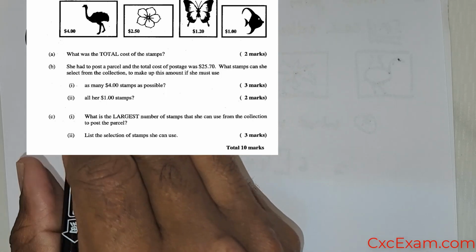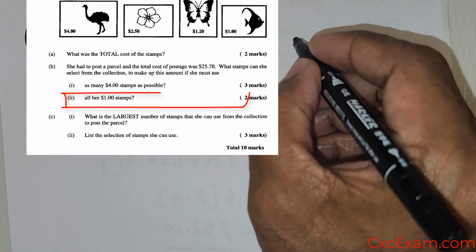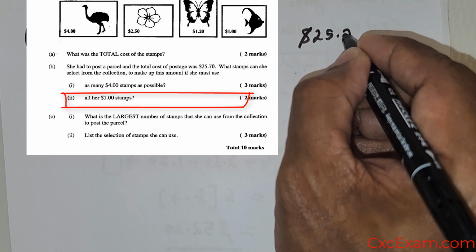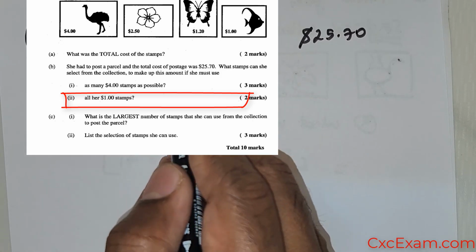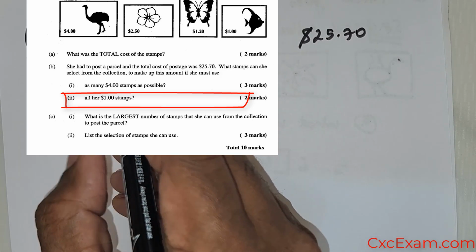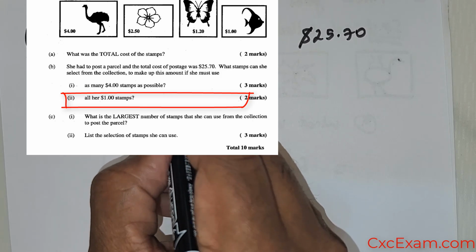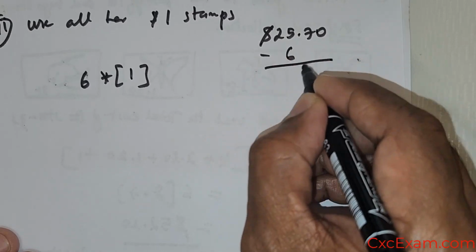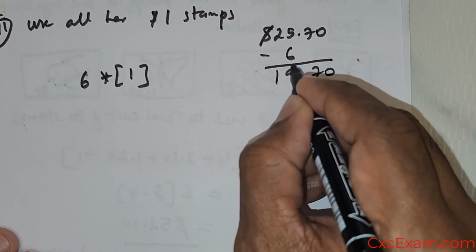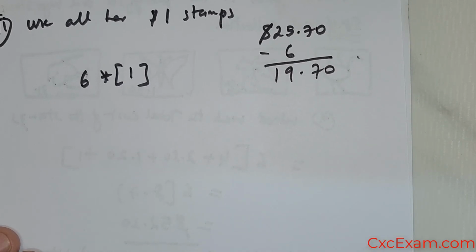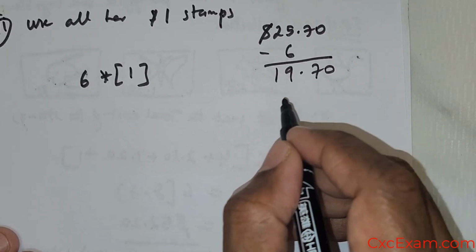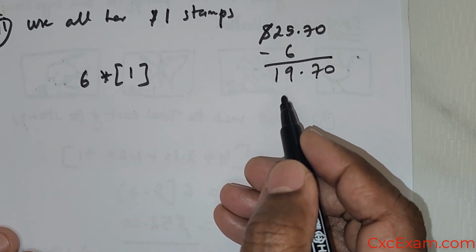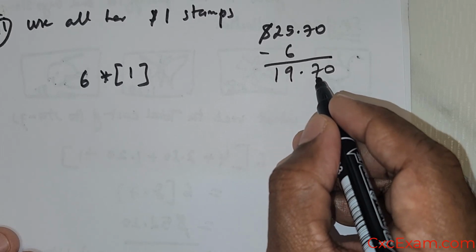Now the next question is, she has to use all her $1 stamps to get 25.70. She has only 6 $1 stamps, so she uses 6 $1 stamps. So if you were to take away 6, this would give you 19.70, right? So for 19.70 we will have to get the other stamps. So what I'm going to do is, I need to get this 0.70.